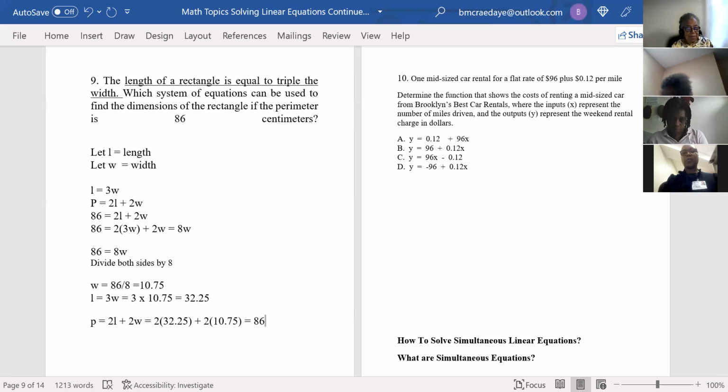So we know that's correct. But we only had to put the equation. So really what we had to put was this equation. That would answer the question right there. We just went further and found the length and the width, and verified that the length and width substituted in would give you back what they gave us as the perimeter, which was 86.